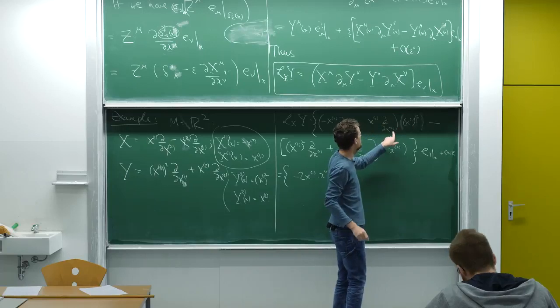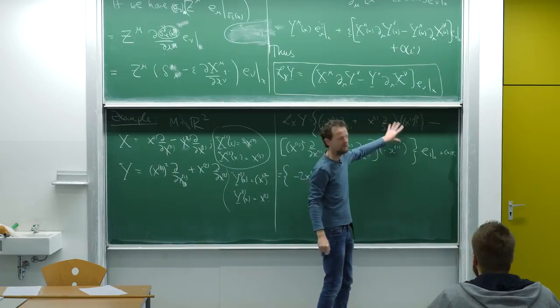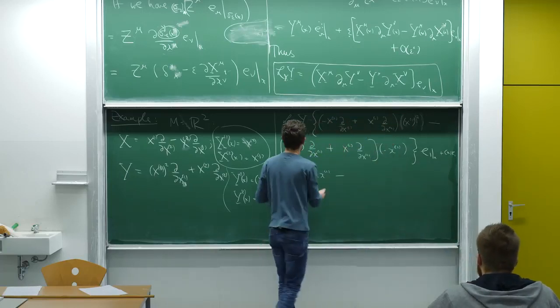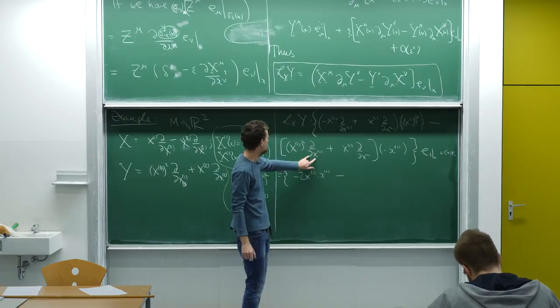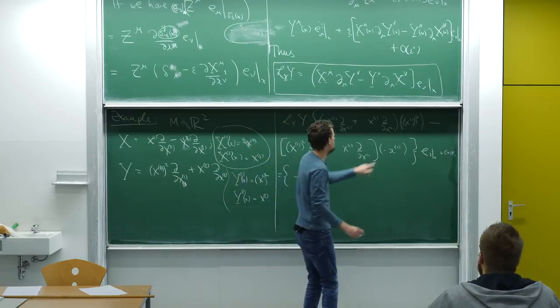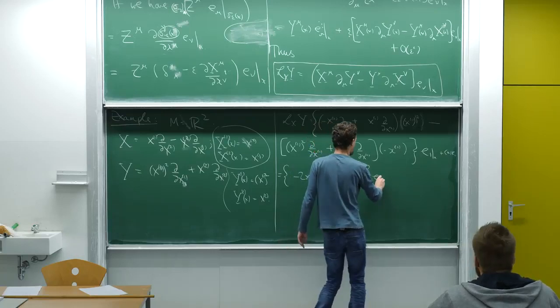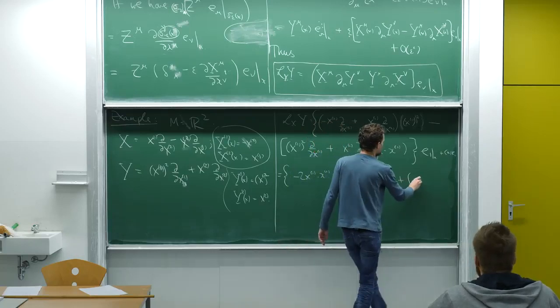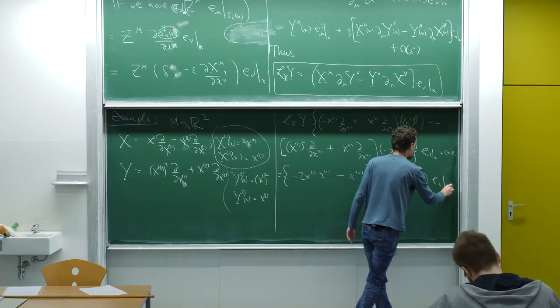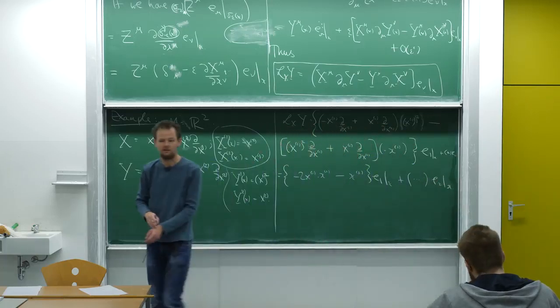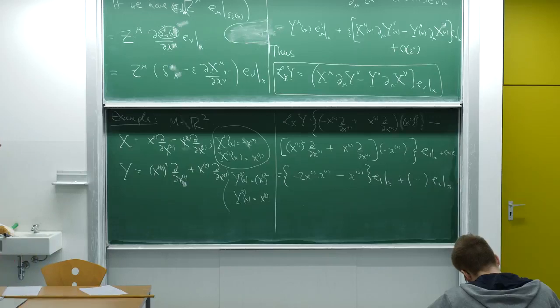When you differentiate x2 with respect to x1, you get 0. So that was easy. Minus, do the same thing over here. That's 0, and we get this term here, which gives us minus x2. Plus, and there's something for the coefficient of E2. So there we go, we've got our first Lie derivative example.